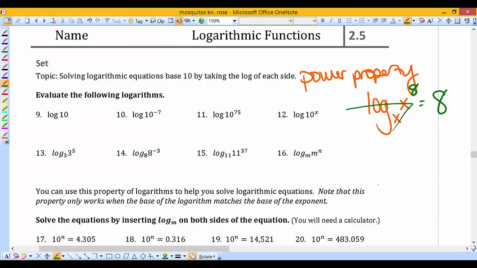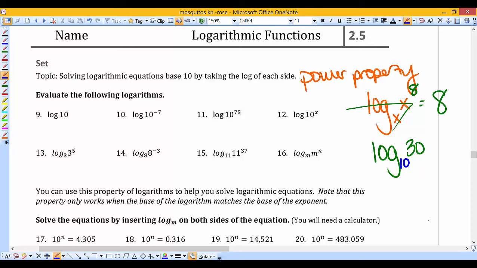So don't forget also when you're working through these that if I have a log of, let's say I have a log of 30, I can put a 10 for my base. So when your base is missing, don't forget you could put a 10. Not could, you should.